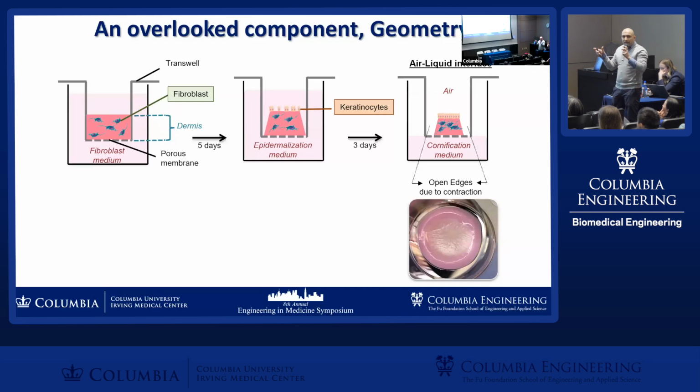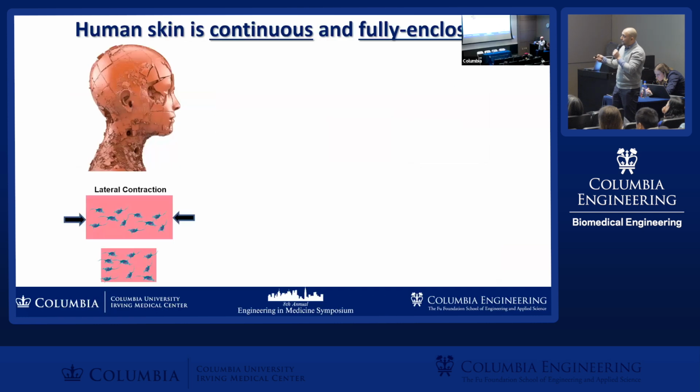These cells remodel the collagen gel, and as they do so, they contract the gel significantly on all sides. Then on the top surface, you seed your keratinocytes and bring the tissue into air-liquid interface culture. That means you have medium on the dermal side and you have air on the epidermal side. And usually what you end up with is this circular or rectangular tissue that has open boundaries on all sides.